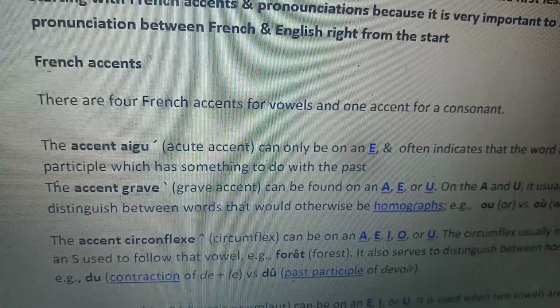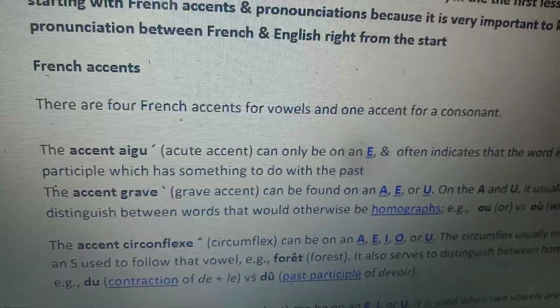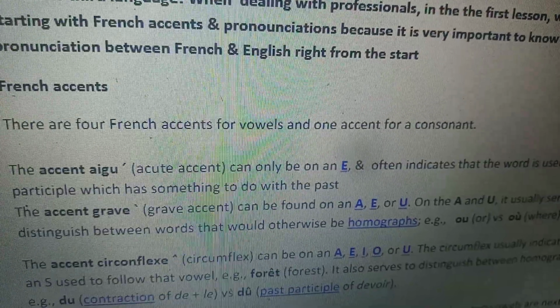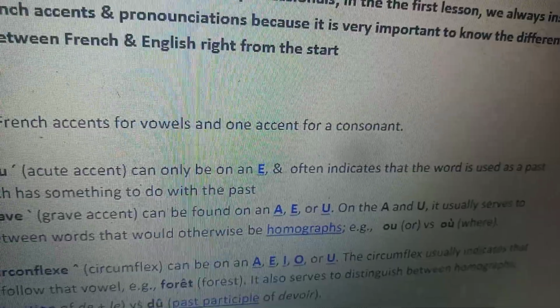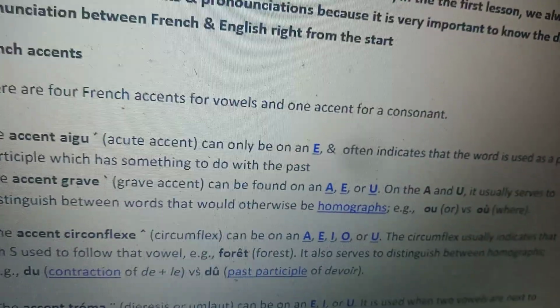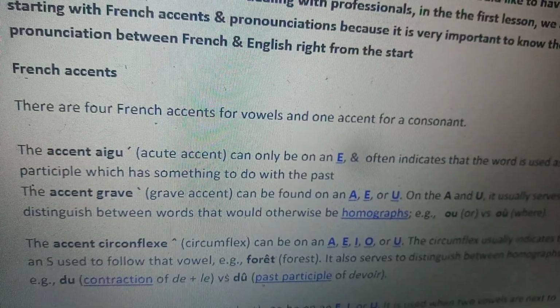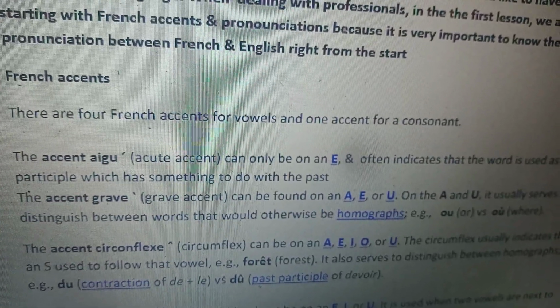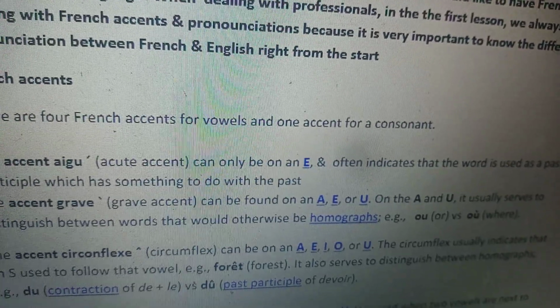You have the accent circonflexe, or the circumflex, which can be on an A, E, I, O, or U. The circumflex usually indicates that an S used to follow that vowel, for example forêt, which means forest. It also serves to distinguish between homographs.